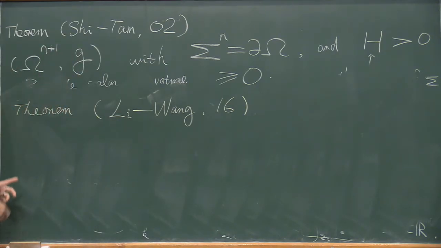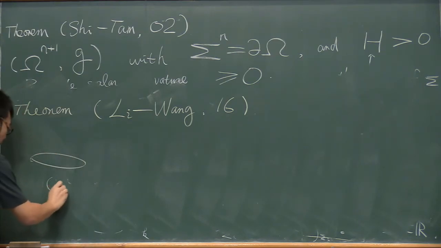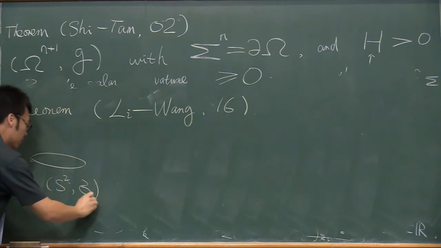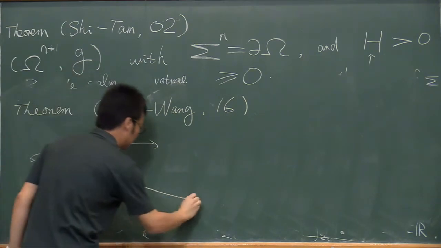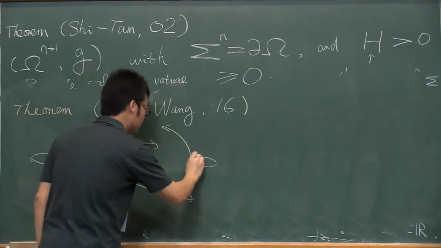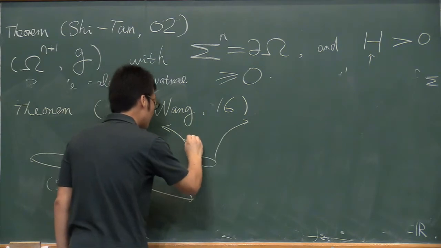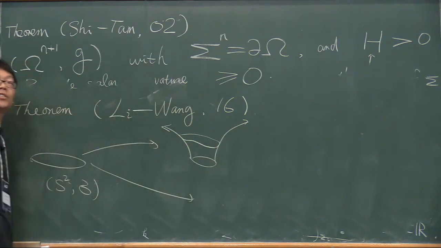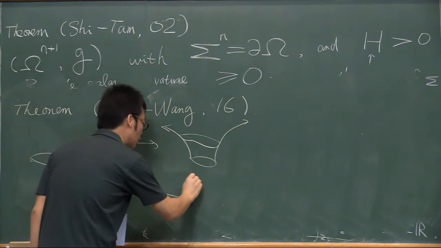Indeed, a special case of the theorem says even the standard metric on S2 can be isometrically embedded in a different way into a Schwarzschild manifold.